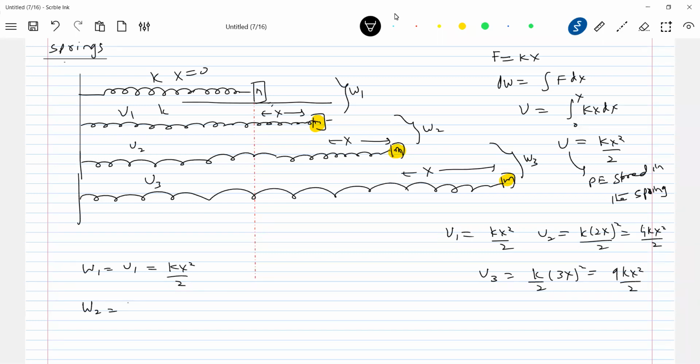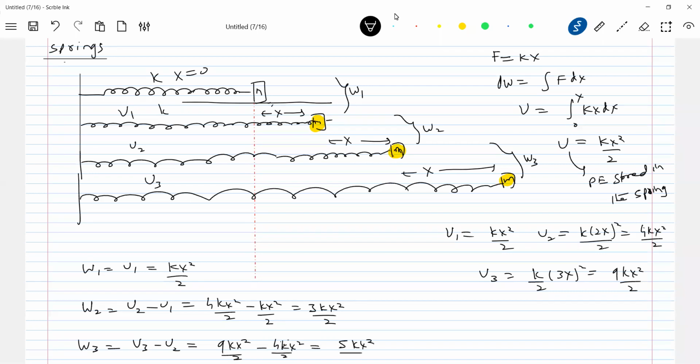So W2 should be equal to U2 minus U1. U2 is 4Kx square by 2 minus Kx square by 2, which will be 3Kx square by 2. What is W3? U3 minus U2. So this will be 5Kx square by 2.